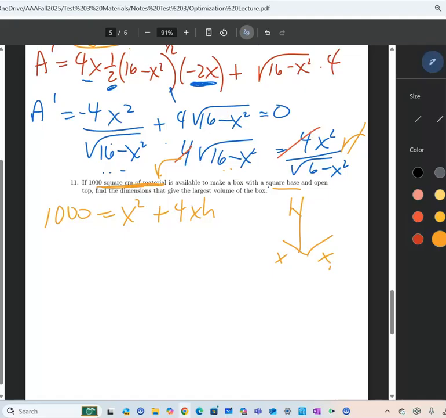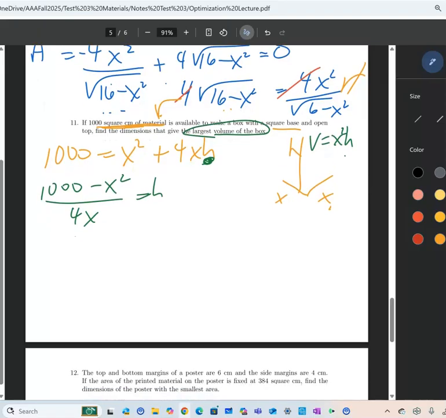So that's my constraint. What is it I'm trying to maximize? Volume. I know volume would be x squared h. Okay, I know I'm going to have to solve this for the letter h to substitute it in, right? 1,000 minus x squared over 4x is h. And I'm going to take the time to fix this, right?